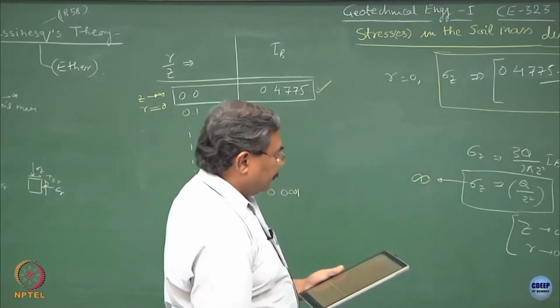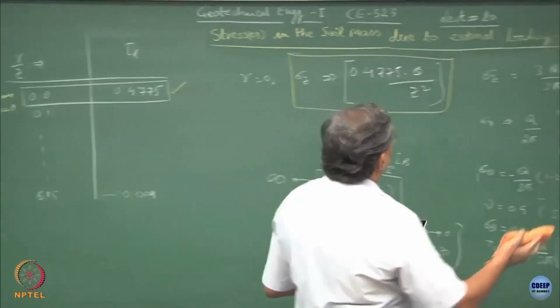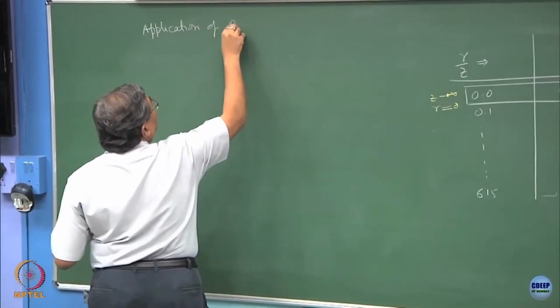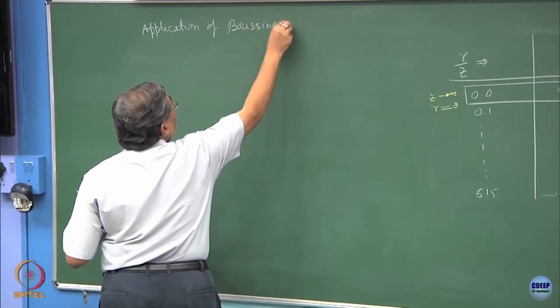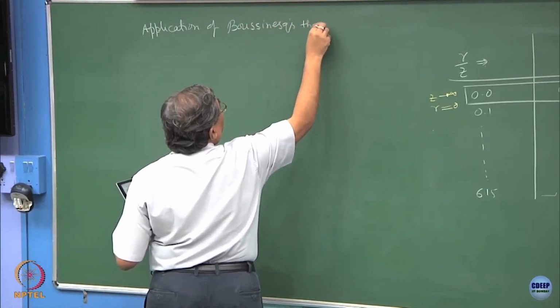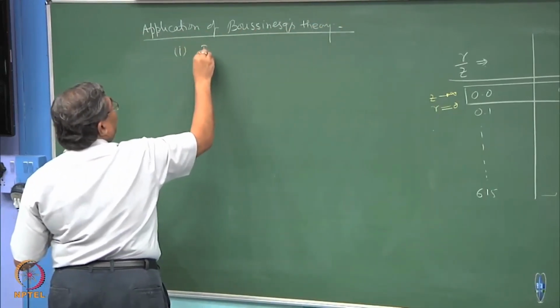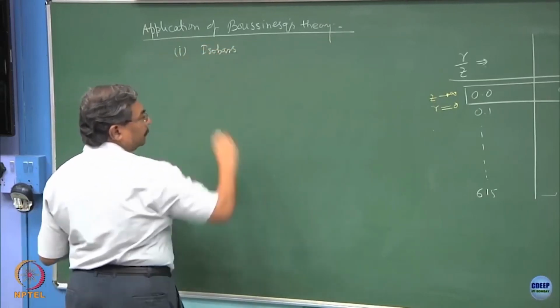Now, what I want to do is, I want to use the Boussinesq's theorem or Boussinesq's relationship for developing three things. The first thing which I want to develop is the isobars for the point load.